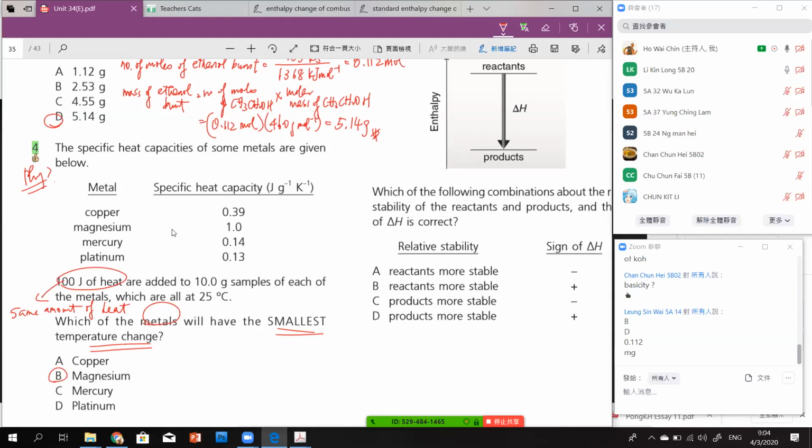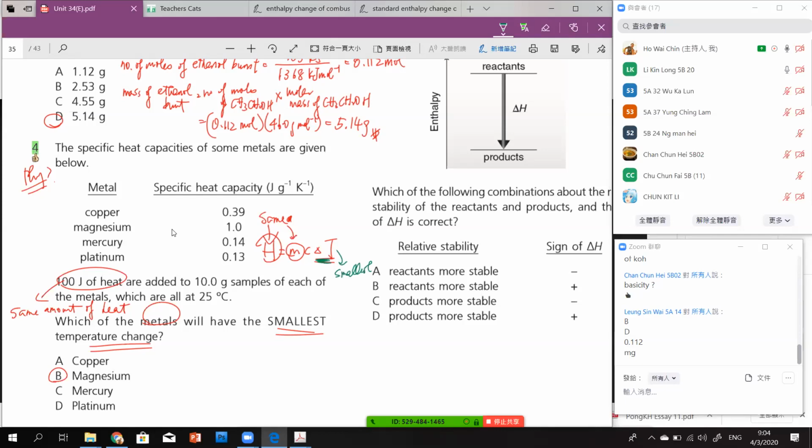So no need to calculate. Why do you know? Because H is equal to mC delta T. In case m and H are the same, you are going to look for the delta T which is the smallest.